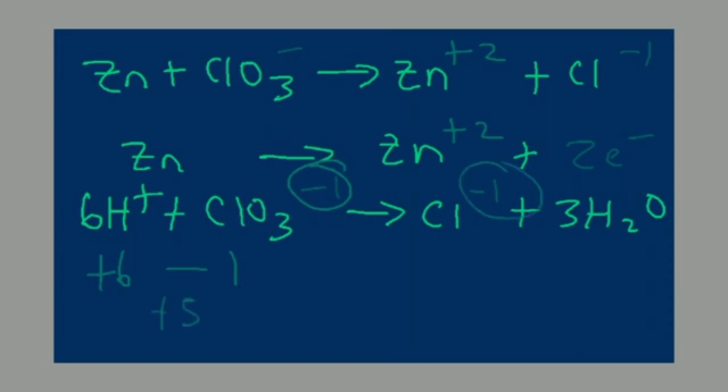On the right side, we only have a chloride ion, so it's negative 1. What is the difference between 5 and negative 1? 5 minus negative 1 is 6. On a number line, they're 6 units apart. So we need to add 6 electrons, but to the side with the higher charge. Since the left side has a higher charge, let's add them to the left side.